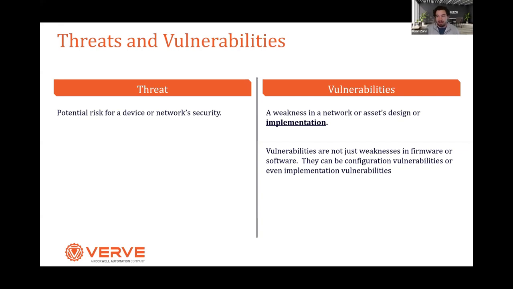It doesn't necessarily have to be related to a patch or a firmware issue. It could just be the way that the device was implemented in your environment that is causing a weakness or a vulnerability of some type. So again, it's not just a firmware or software-based thing. It could be configuration or implementation issues as well, where there isn't really a database for you to go look those up, right? Those are things that you have to discover on your own.